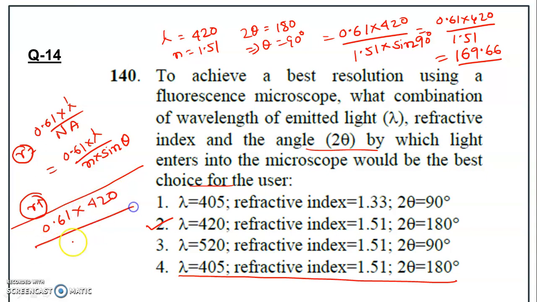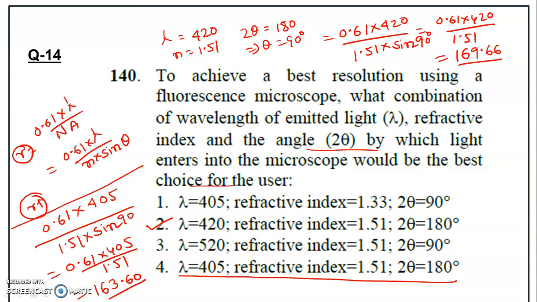Now for option 4, also with 2 theta, so sine 90, it will be 0.61 into 405 by 1.51, which comes to 163.6.